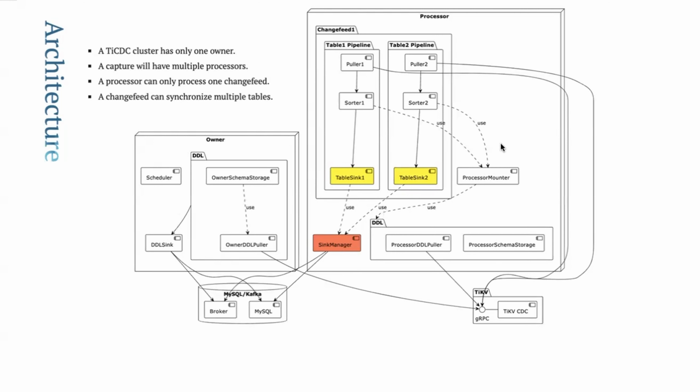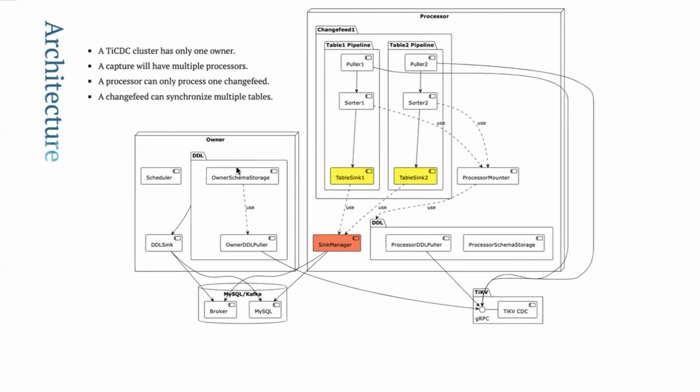You can imagine this whole picture as a capture, as a single node of a TiCDC cluster. So we can see there are two types of roles. One is the owner. The other one is a processor. But keep in mind, this is just a logical concept, not a physical one. So we only have one physical node, but different logical parts.